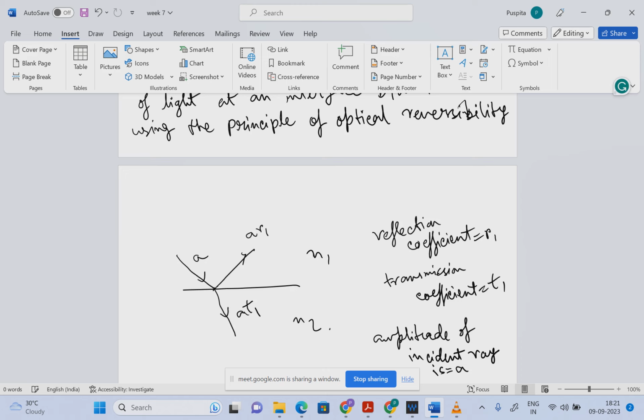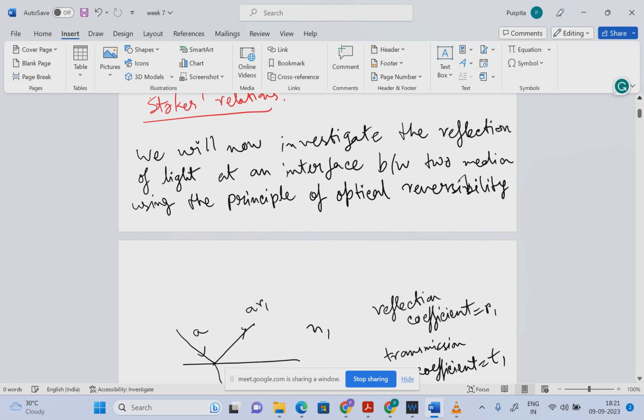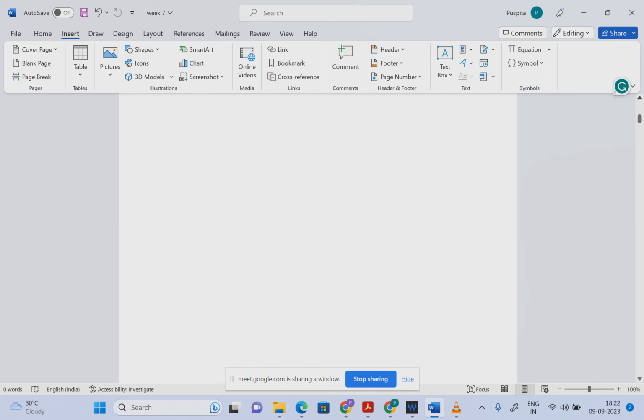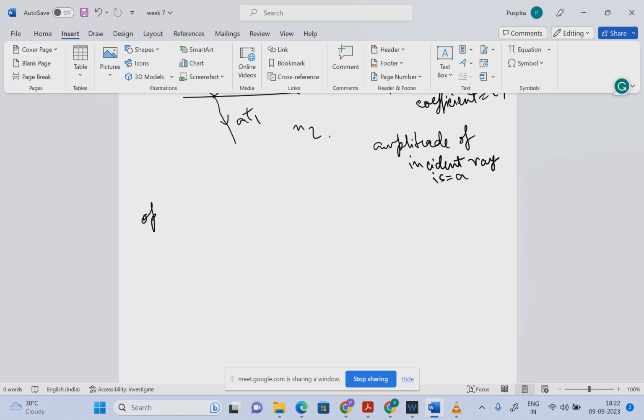The reversibility principle says that in the absence of any absorption, a light ray that is reflected or refracted will retrace its original path if its direction is reversed.